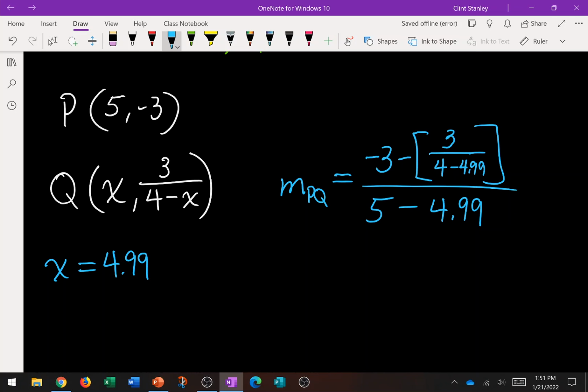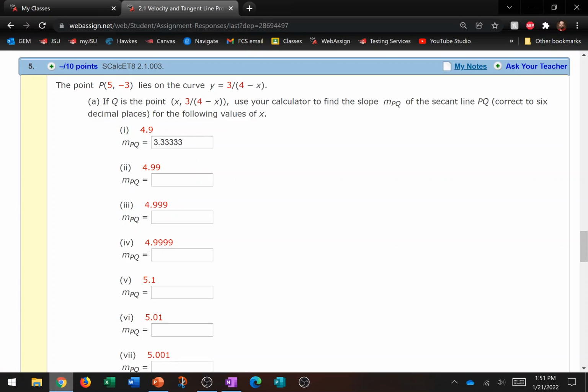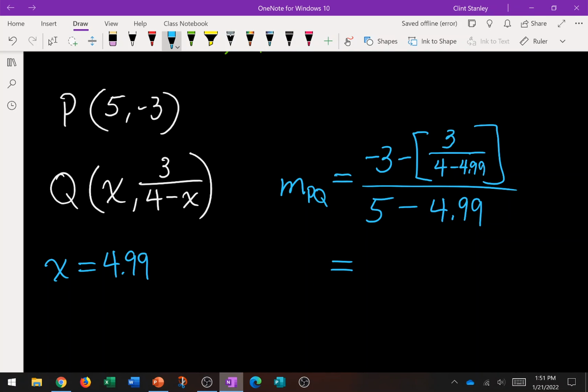And then we just have to figure out what number we get. And how many decimal places does it say? It says 6 decimal places. So the part in the brackets there, the 3 over 4 minus 4.99. Figure that out.